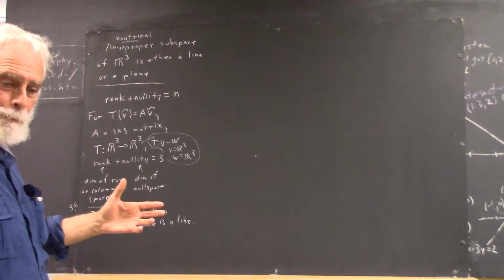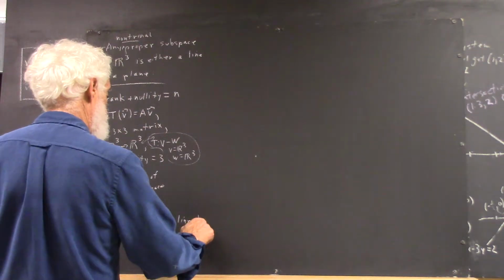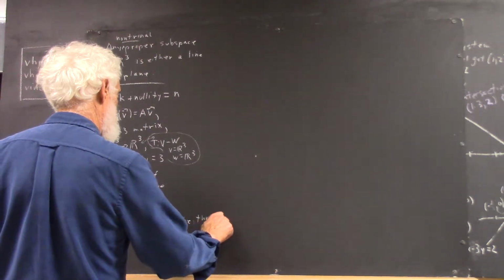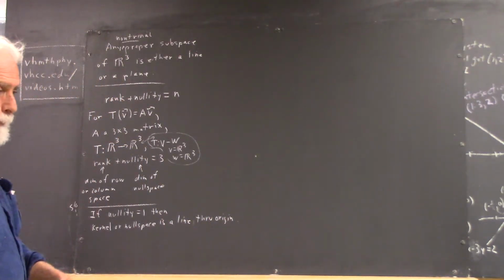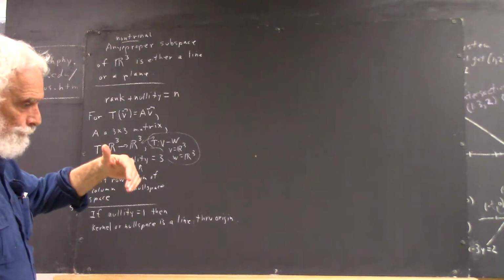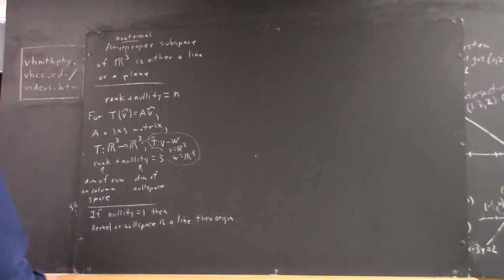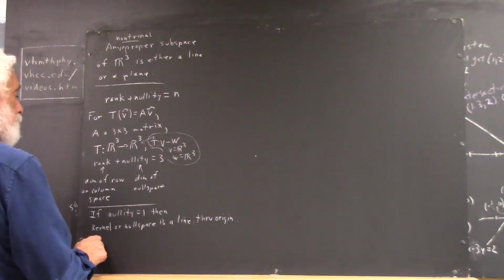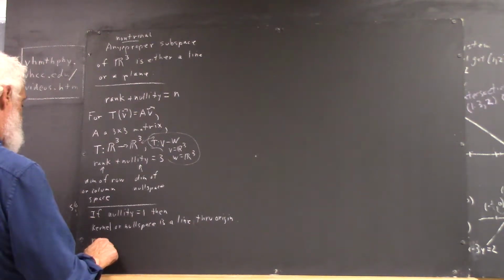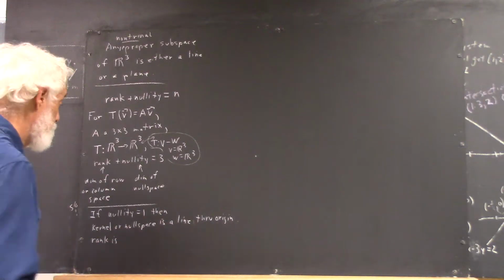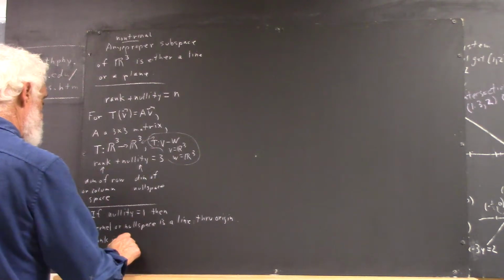It's a set of vectors identified with a line through the origin, initial point on the origin and terminal point at some point on the line. What's the rank? Well, the rank plus the nullity has to be 3. The nullity is 1, then the rank is 2.